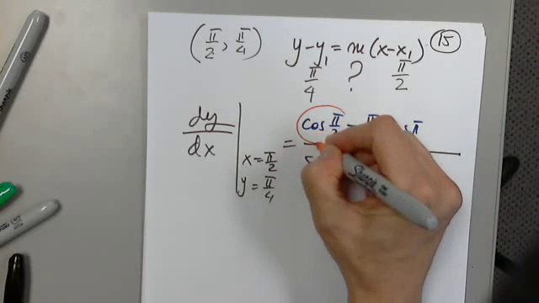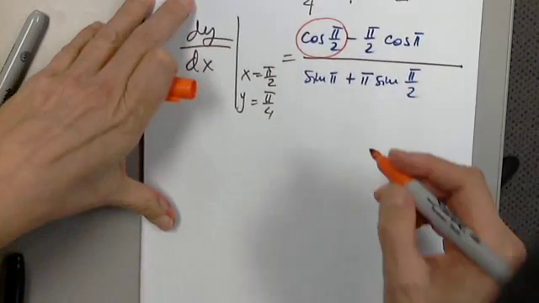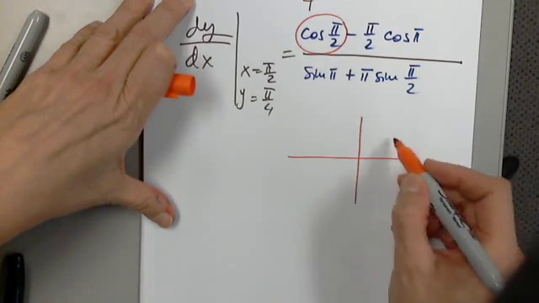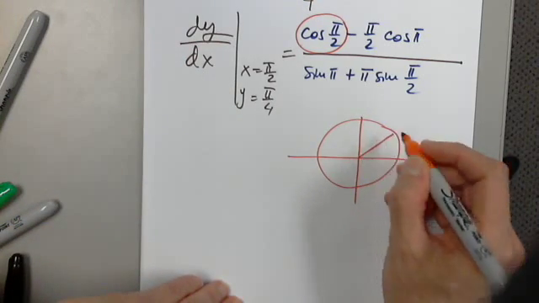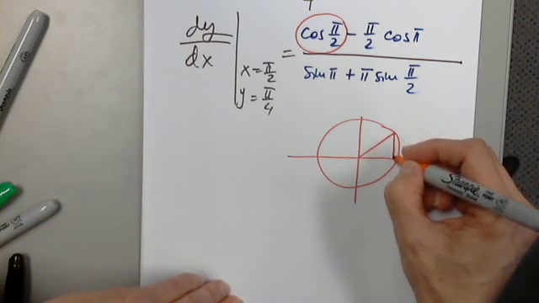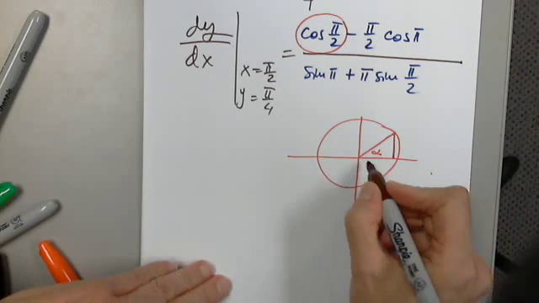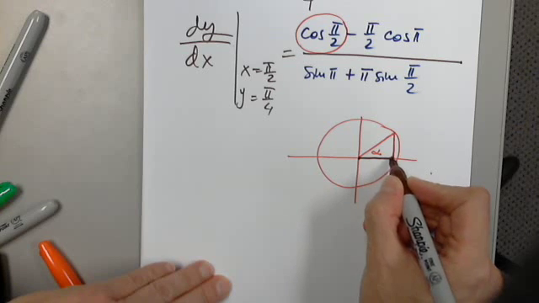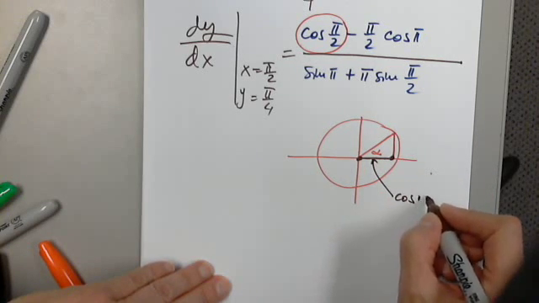How much is cosine pi over 2? Careful. Let's look at this because this is important. On the unit circle, this is an angle that is a central angle. So let's call it alpha. This piece from here till here is cosine alpha.